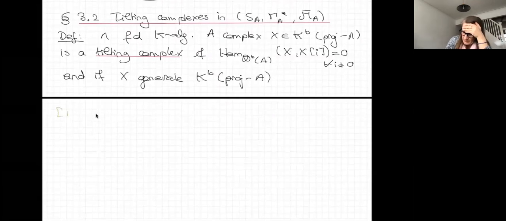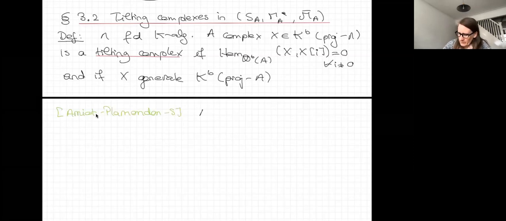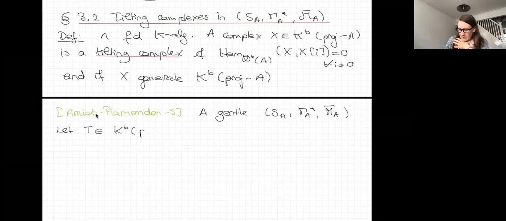So this is, again, joint work with Claire Amiot and Pierre-Guy Plamondon. Okay, so we have A gentle and the surface model, with the stops, the black mark points and the red punctures. Then we start with T, a tilting complex.